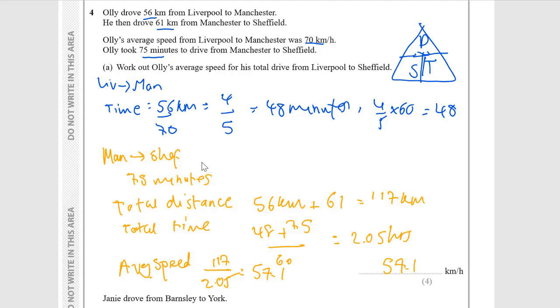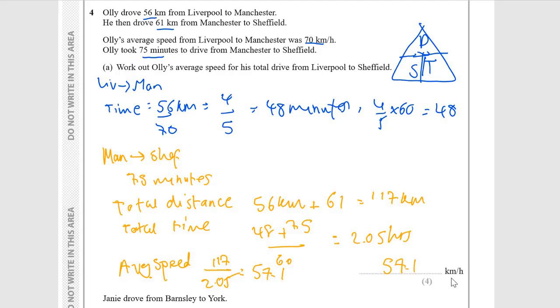So again, let's go through this. We know that we use our triangle. So distance, speed, time. His journey is broken down into two: Liverpool to Manchester, then Manchester to Sheffield. So we want to figure out kilometers over the hours.